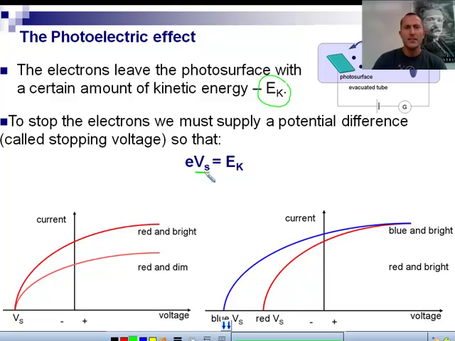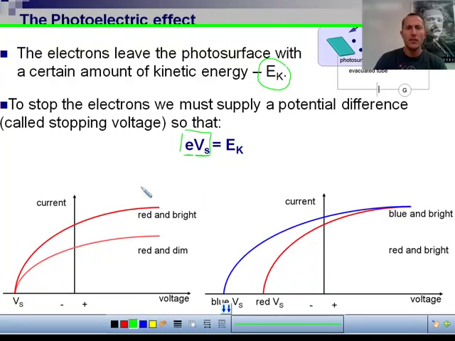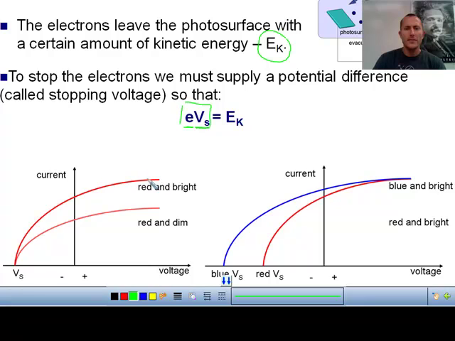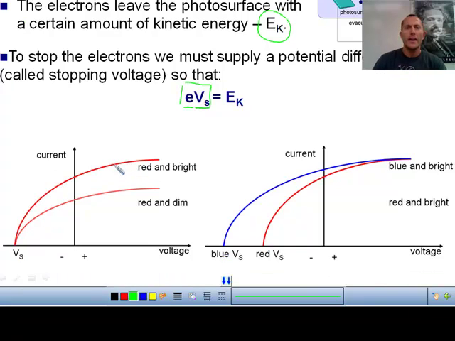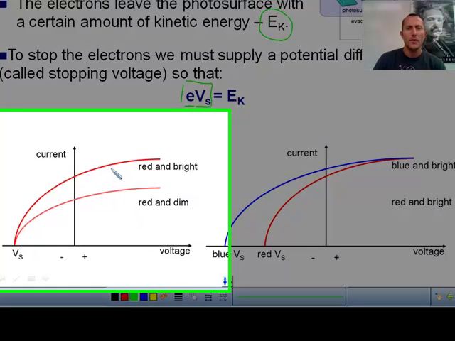The Vs, the stopping voltage, times the charge of the electron gives you the energy it's going to take to stop the electrons. Now if we look down at our two graphs, we have two because there are two different variables being graphed.